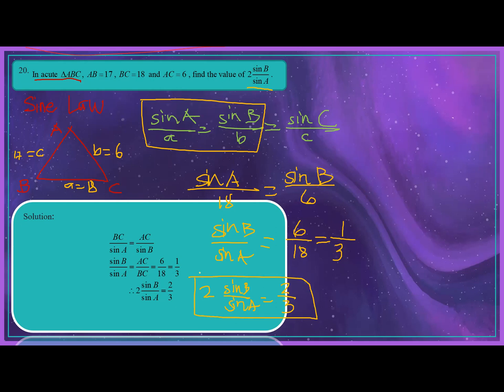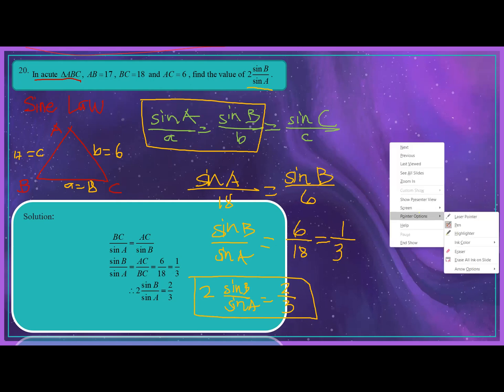Okay, so any question? So basically your first thing to know should be the sine law to solve this. So if you don't know this, it will be hard. Okay, there are other ways, but this is the fastest way. Any question?